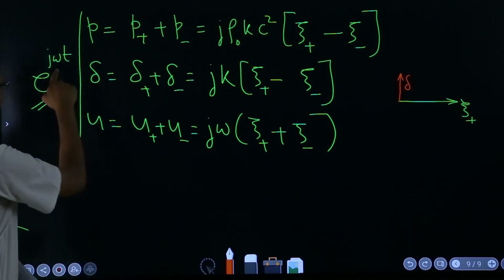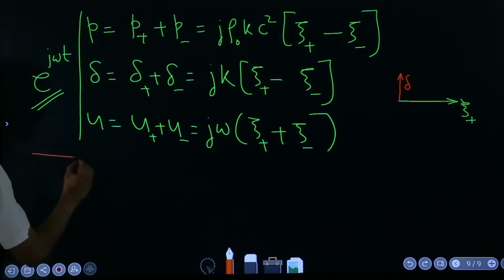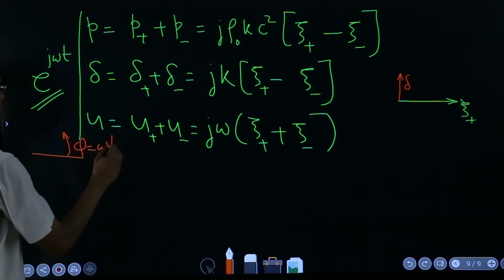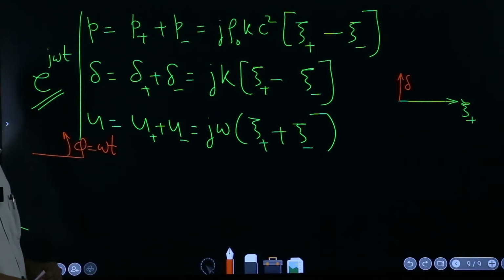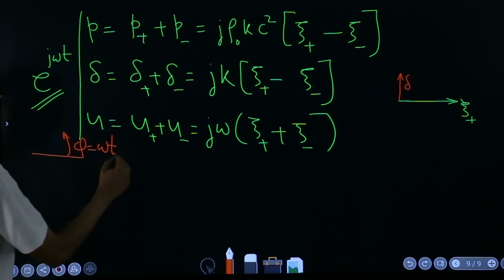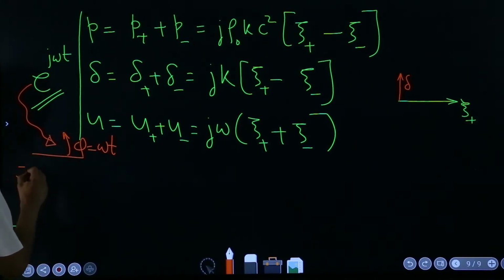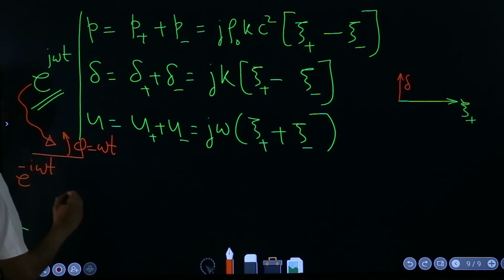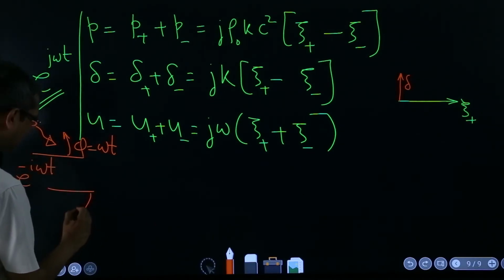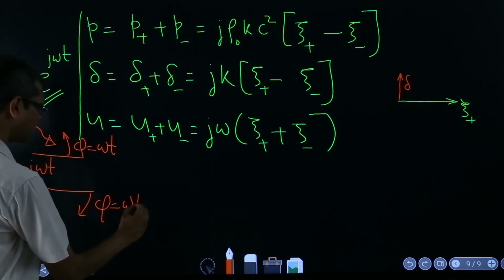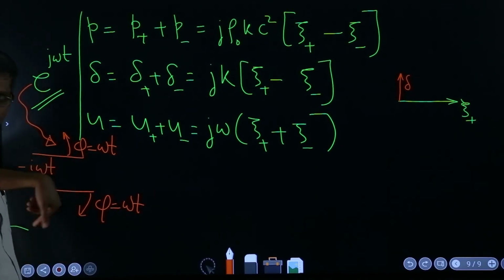because in this j omega t convention phi equal to omega t moves like this, but in the e raised to minus I omega t convention, from here you move like this, phi is equal to omega t, you move like that.